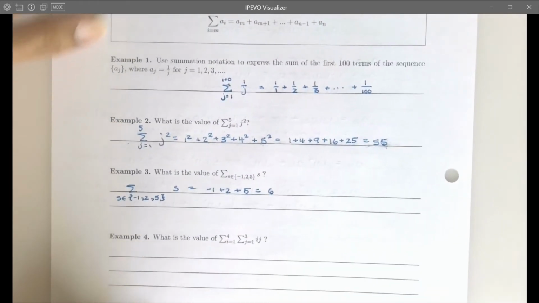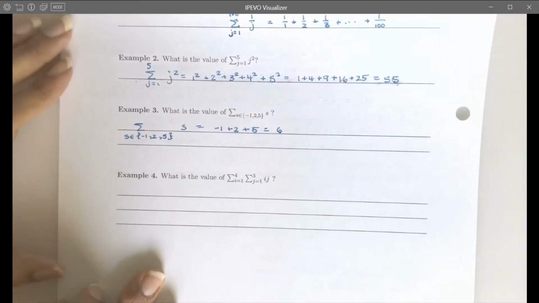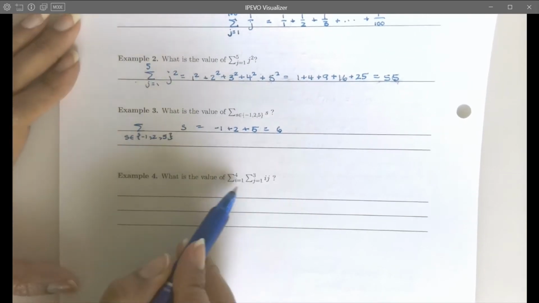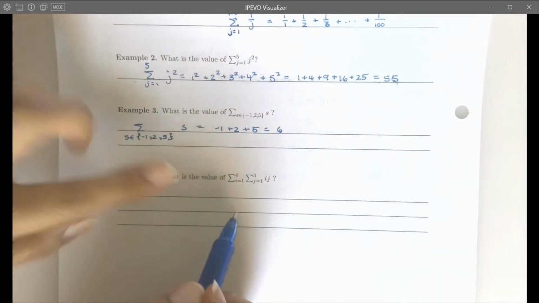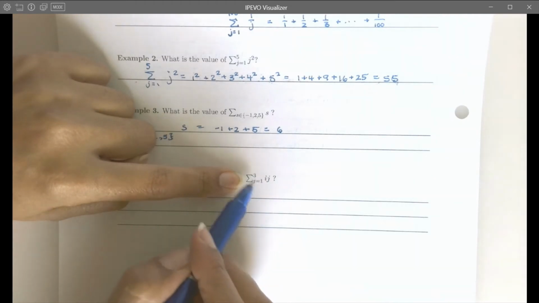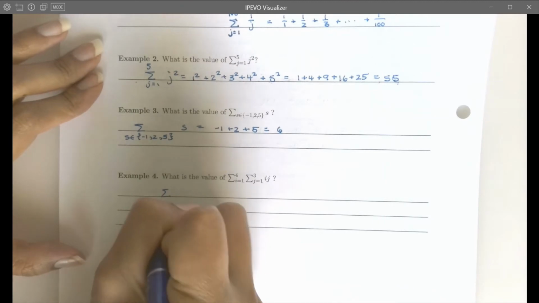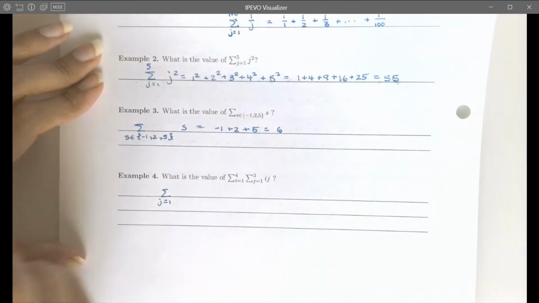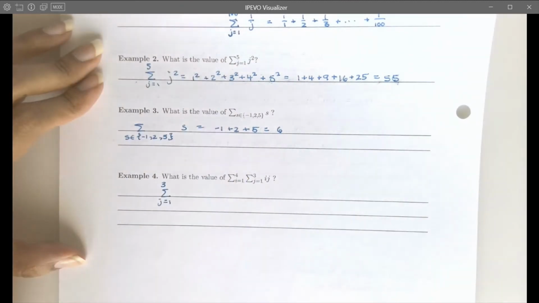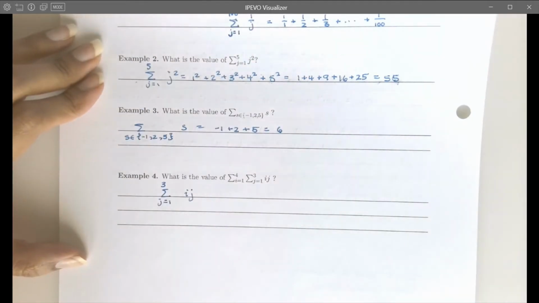And finally, for example 4, we have a double summation or a nested summation. We have two iterating variables, i and j, and we're going to focus on first finding the result of the inner summation. The inner sum has a starting point of j equals 1 and an ending point of j equals 3 over ij.